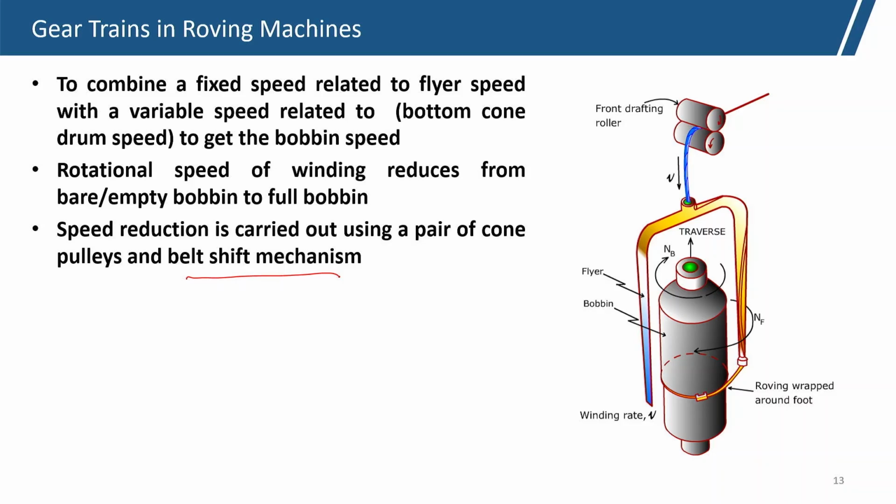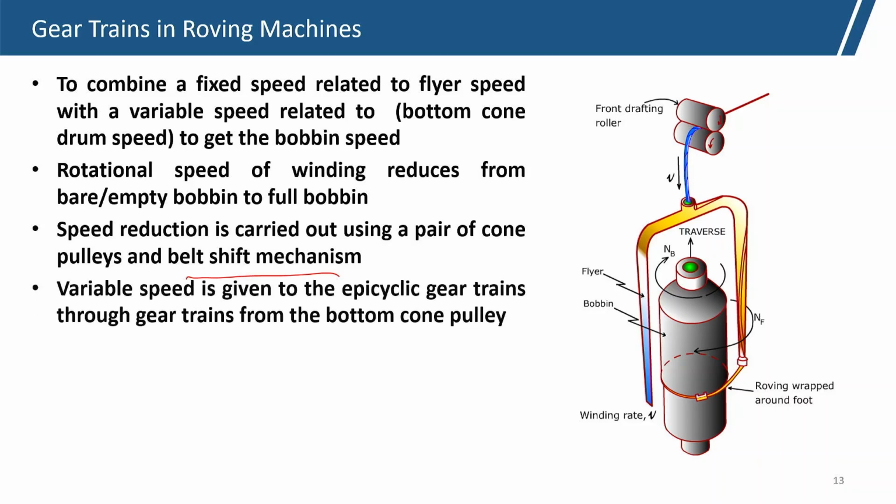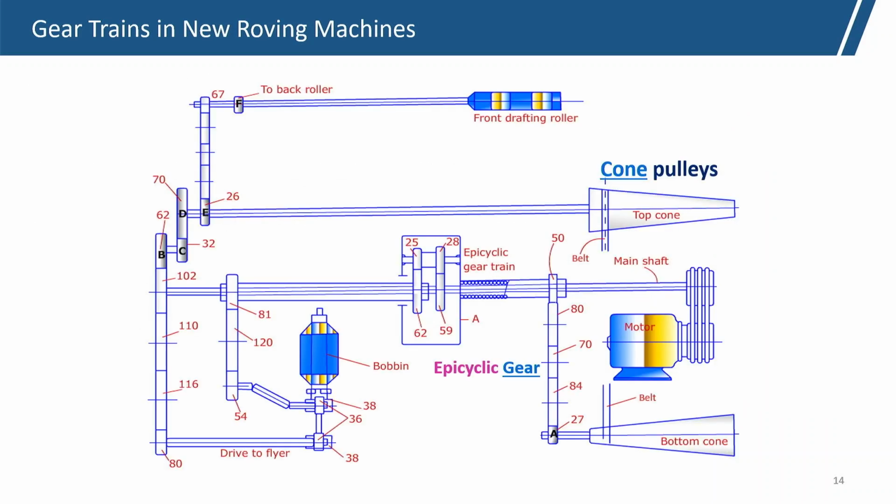So, gradually the belt shifts and we get the speed reduction. So, the variable speed which we are getting from the bottom cone drum is given to the epicyclic gear, and it is superimposed with the fixed speed from the main shaft.